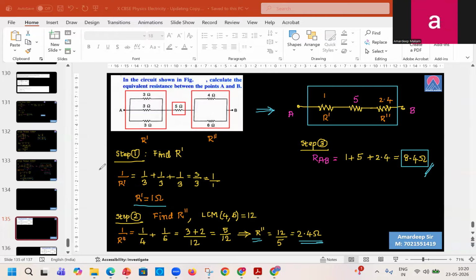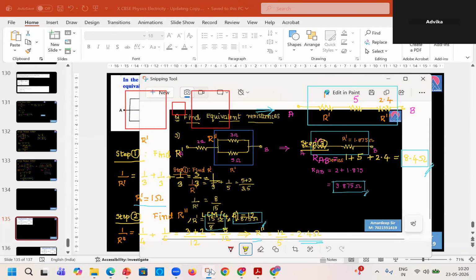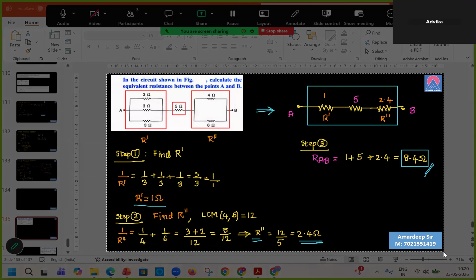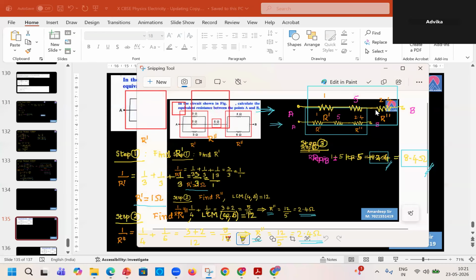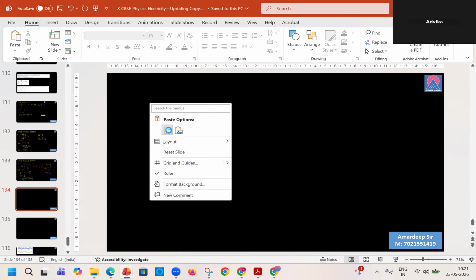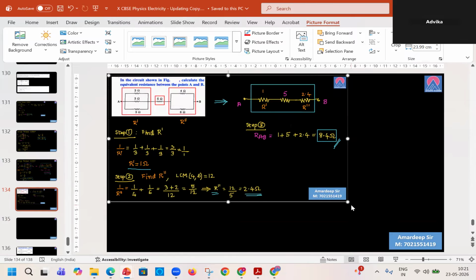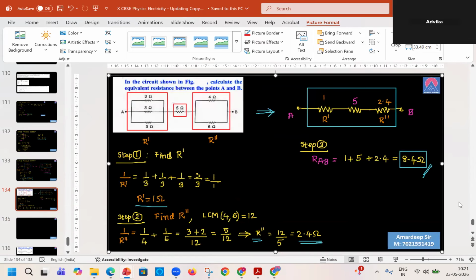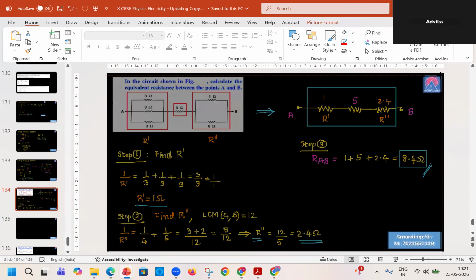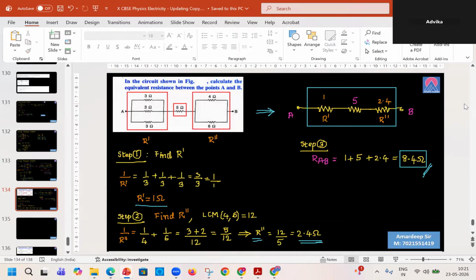ओके, will you be able to do some similar sums? हाँ। Yes, sure.